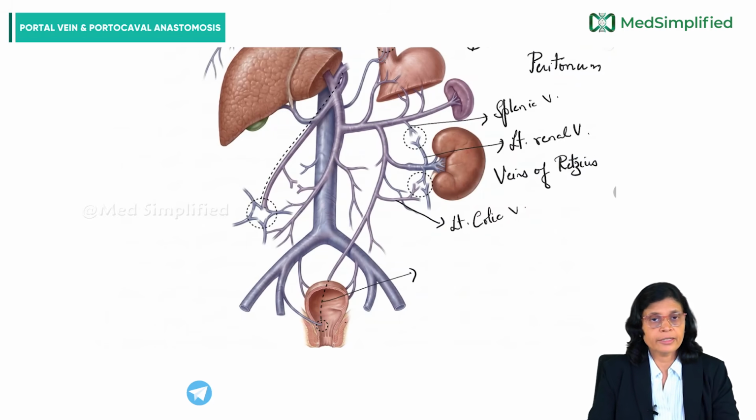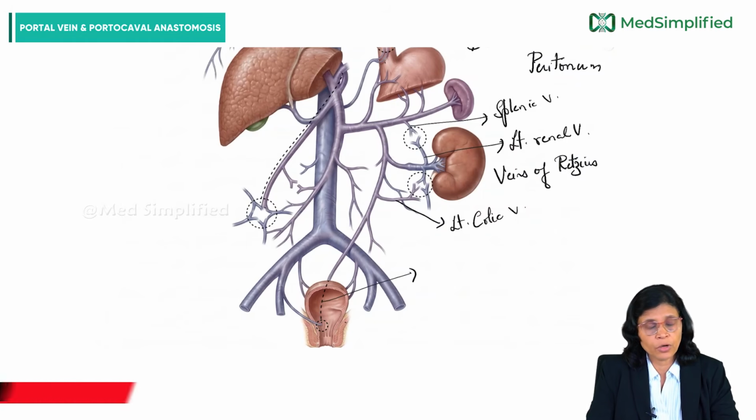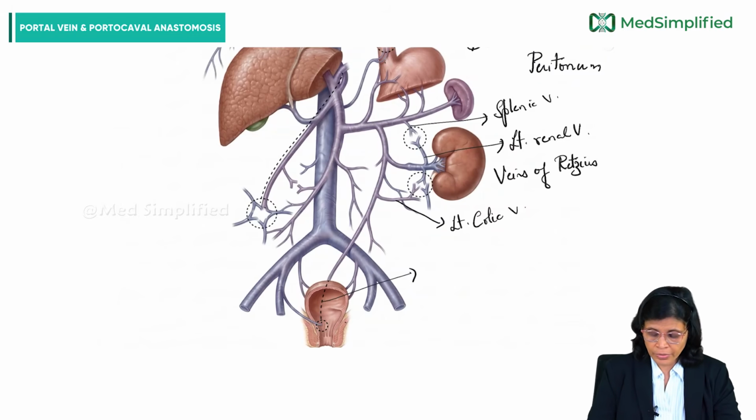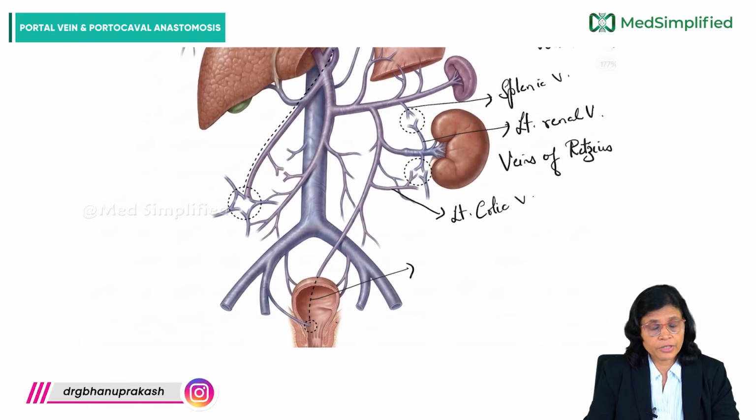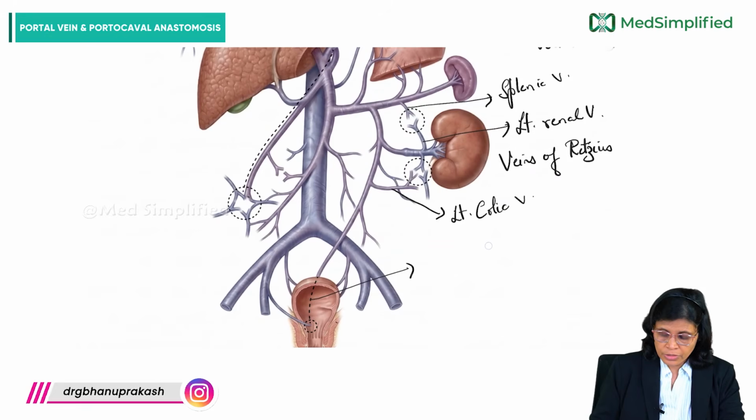So basically, behind the peritoneum in the posterior abdominal wall, there is anastomosis between the splenic vein and the left colic vein, which belong to the portal system, with the radicals of the left renal vein as well as small tributaries of the inferior vena cava, which are known as the veins of Retzius. So this is one site.